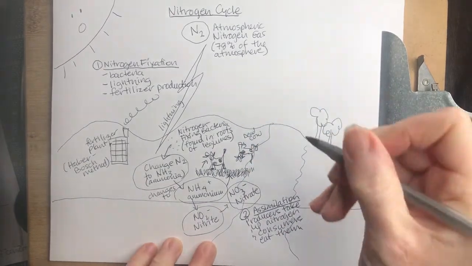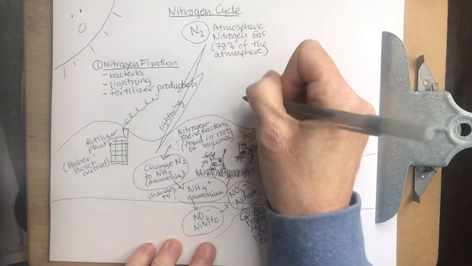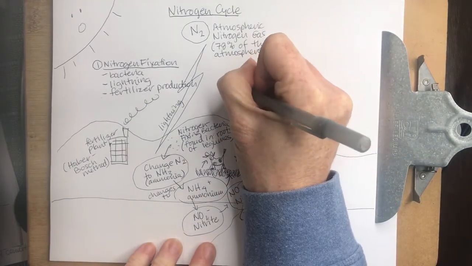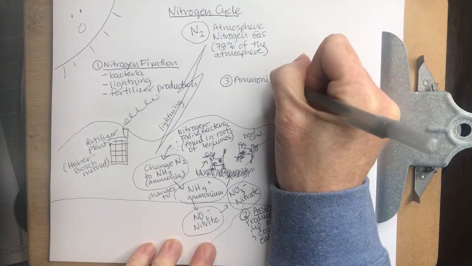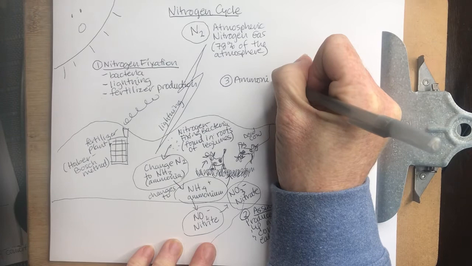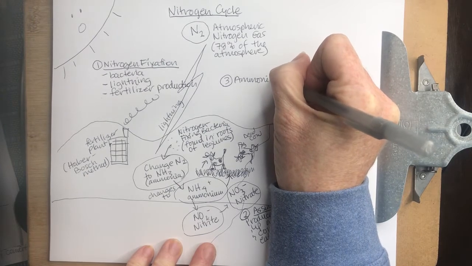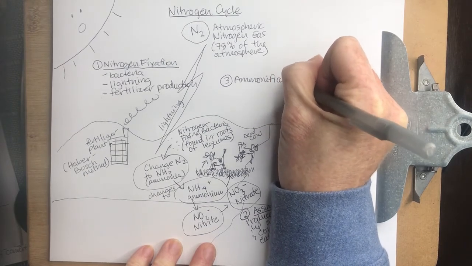So dead cow, and then we have bacteria in the soil that take over the process of converting the nitrogen compounds in the cow's body back into the soil. This is called ammonification.